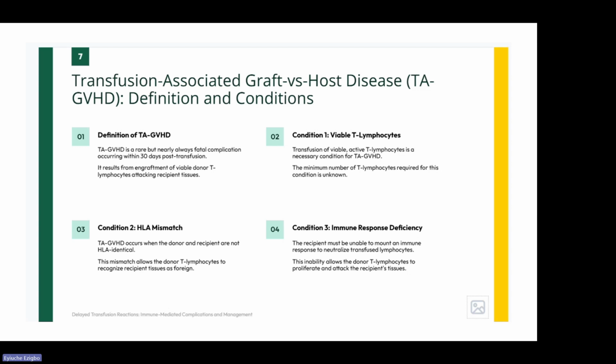We don't really go out to cross-match the white cell antigens, but these white cell antigens have the capacity to elicit immunological responses, and they are the culprit in transfusion-associated graft versus host disease. So in this condition, T lymphocytes attack the recipient's tissue. But certain conditions must be met.